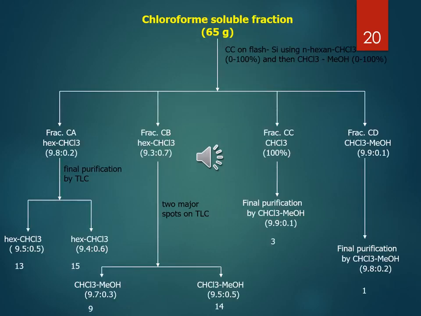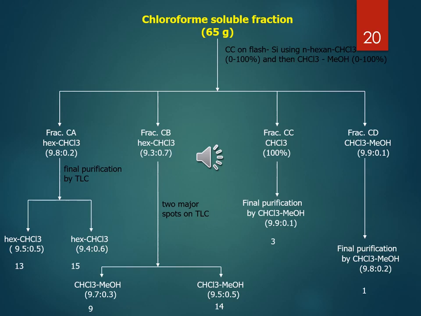The chloroform soluble fraction, that is 65 grams, is subjected to column chromatography over silica gel using hexane chloroform, pure chloroform, chloroform methanol, and methanol 100% in the increasing order of polarity. In this way we obtain 4 subfractions: fraction Ca, fraction Cb, fraction Cc, and fraction Cd.